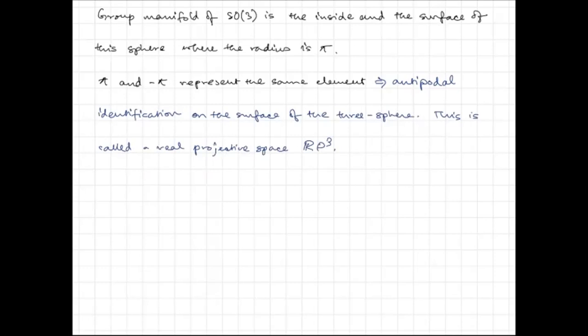Now, what we see is that even though the algebras are the same, the same Lie algebra can lead to different groups and different group manifolds, where the topologies of the group manifolds are not the same.